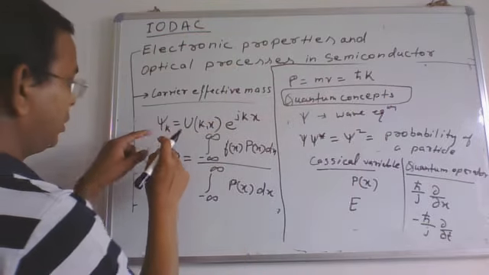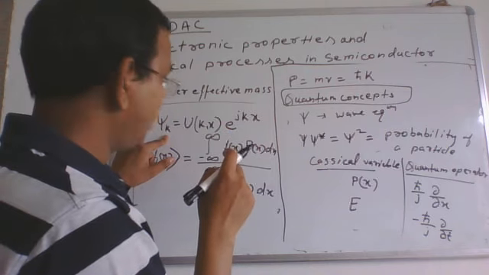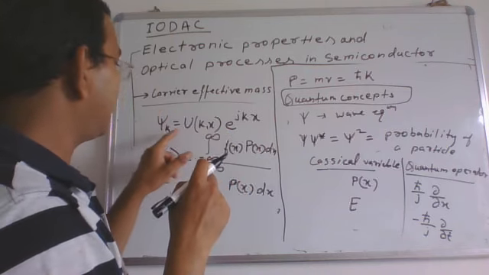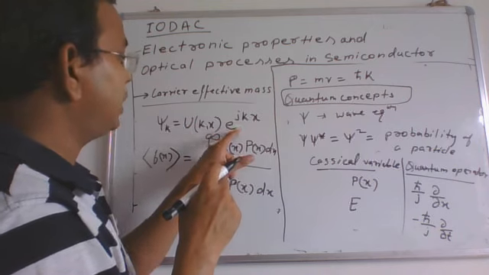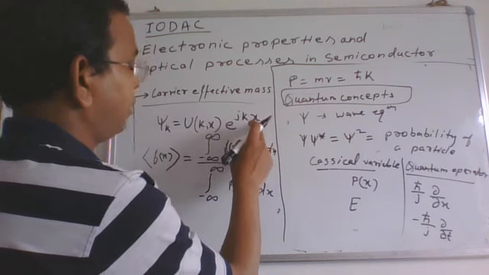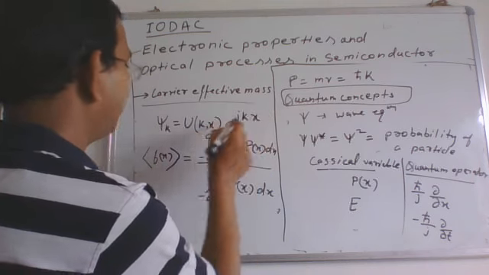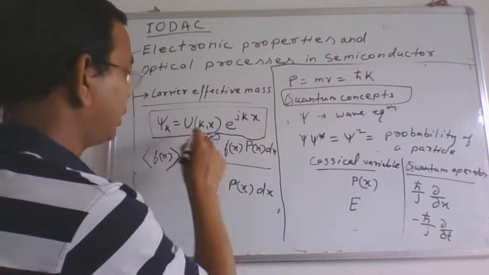So for psi k, if k is the momentum, then the wave function of electron or particle is given as u(kx), which is some potential energy term, multiplied by e to the j kx. x is the position, k is the momentum. So this is the wave function of electron.